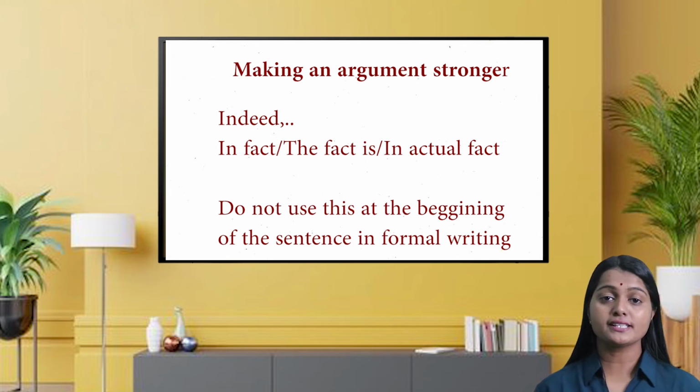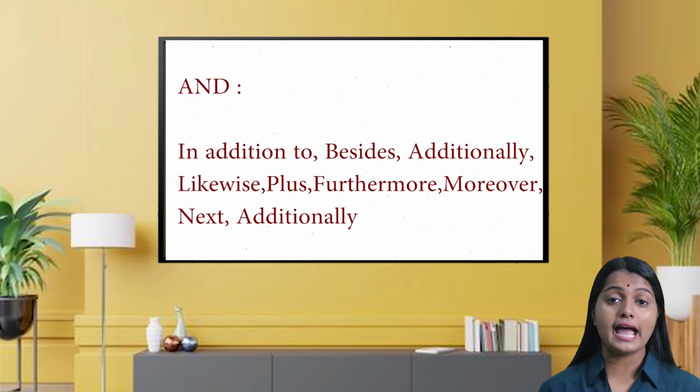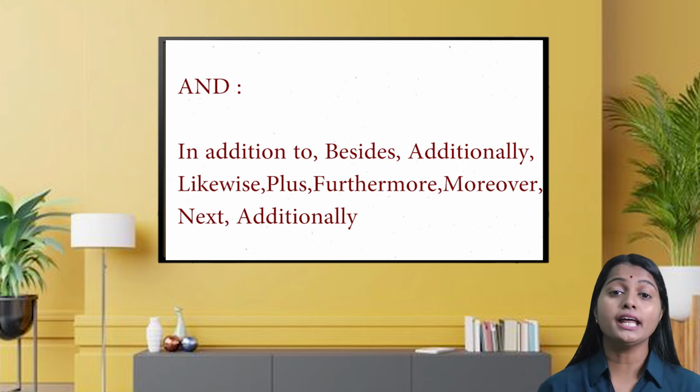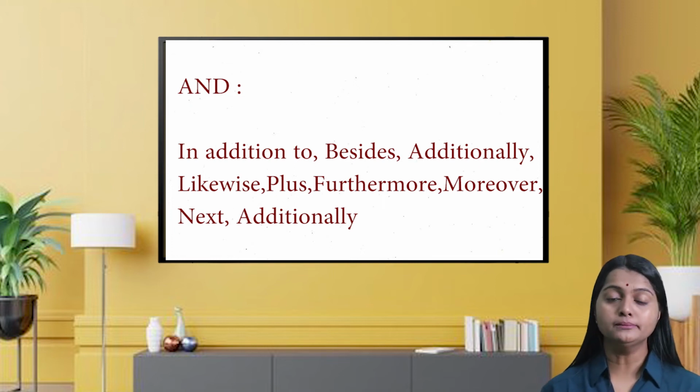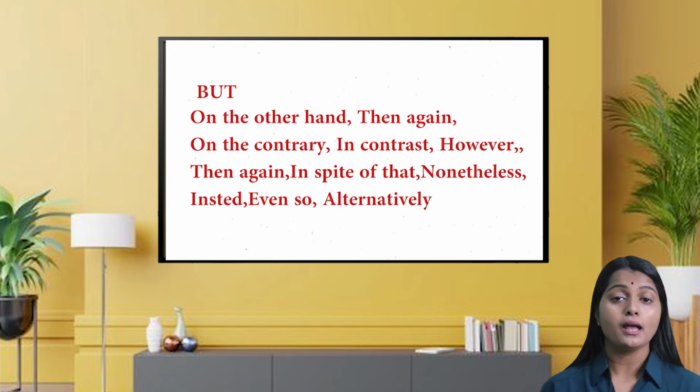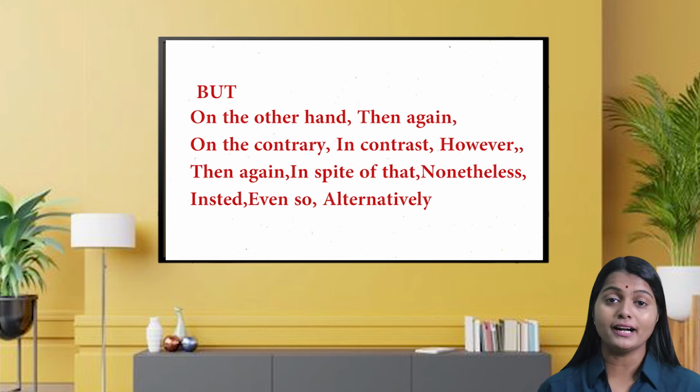For extra reference, here is a list of vocabulary which is used in the industry for some common terms. The first is "and". You can use in addition to, besides, additionally, likewise, plus, furthermore, moreover, next. And when you are arguing or saying a separate idea, you can use "but". Instead of "but", there is a list of vocabulary you can use.